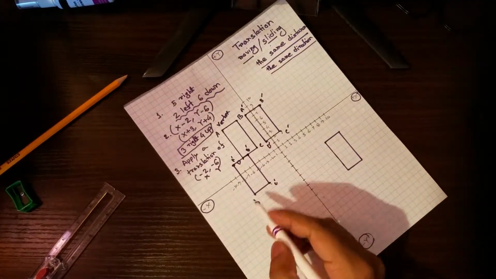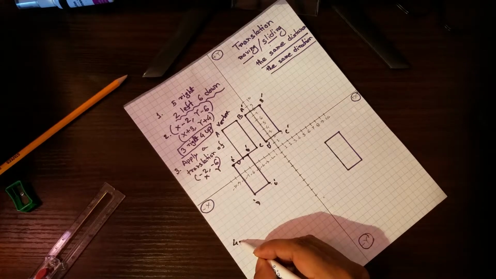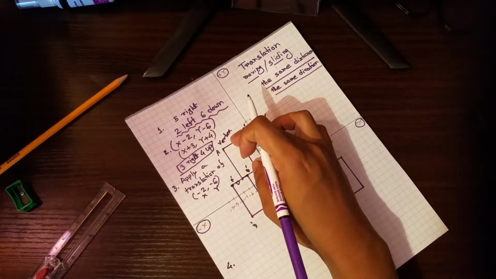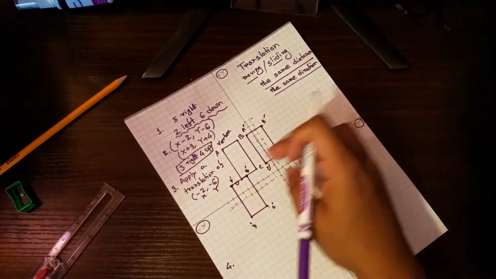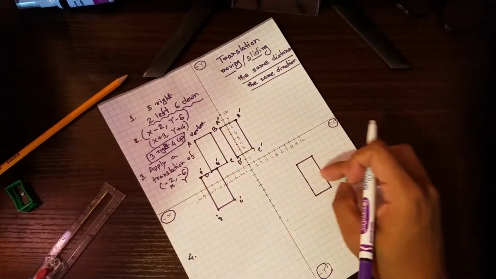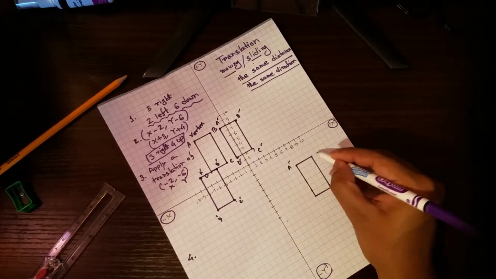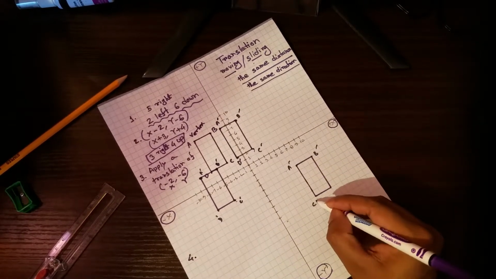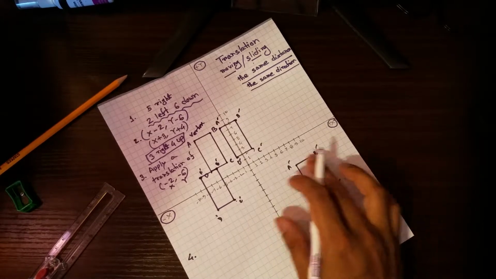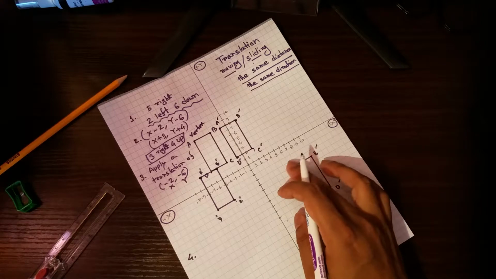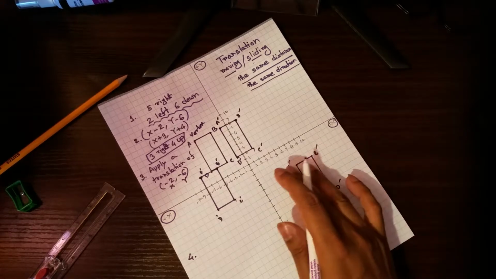Another type of instruction that you will see, it will say, okay, so this is your original image, right? So A, B, C, D. Then you'll be given another image, let's say this one, and let's say this is A prime, B prime, C prime and D prime. So you'll be told to find the coordinates of the translated image and the translation.